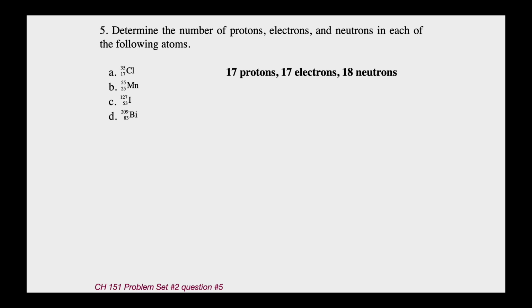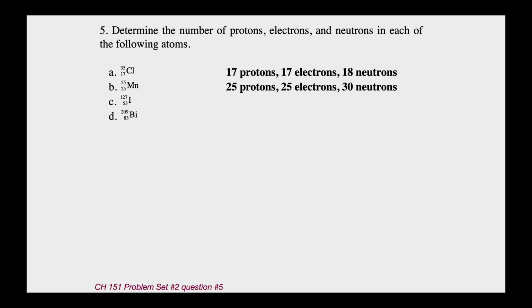Anyway, so in this problem, assuming this is a neutral atom, 17 protons, 17 electrons, 18 neutrons. The 17 is the lower left number. A neutral atom has the same number of electrons, and top number minus bottom number, 35 minus 17, gives you the 18 neutrons we're looking for. So for the next problem, you would have 25 protons on manganese. That would mean 25 electrons, and 55 minus 25 would be the number of neutrons. That's going to be 30.